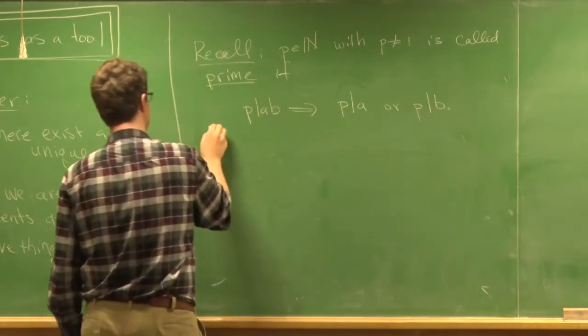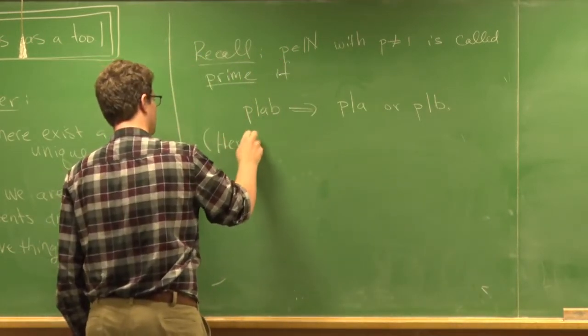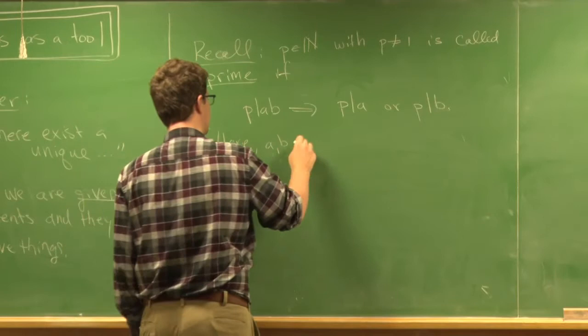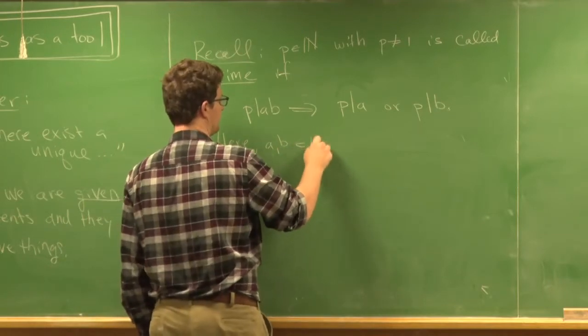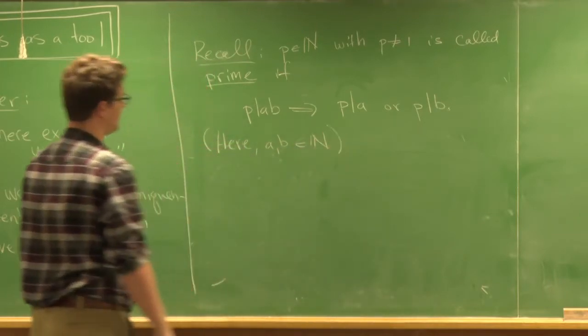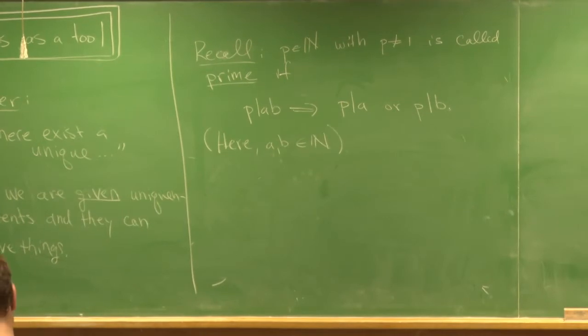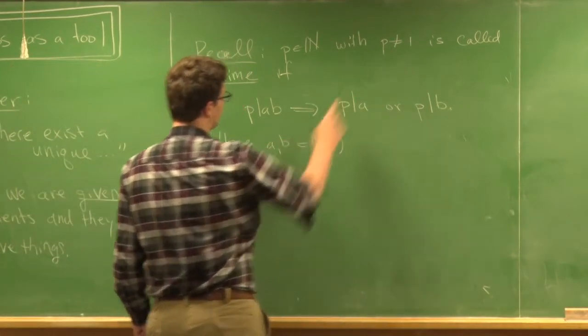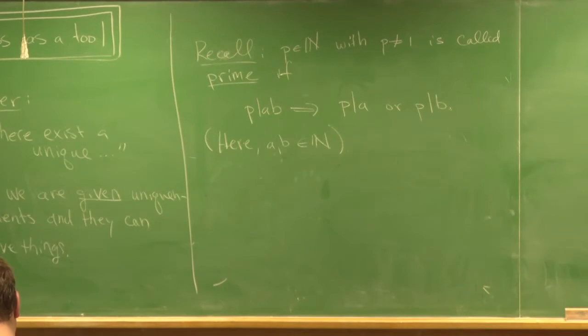Here a and b are, say, natural numbers. The same definition can apply for the integers as well. If we were going to do it for the integers, we would say p is not 1, minus 1, or 0.